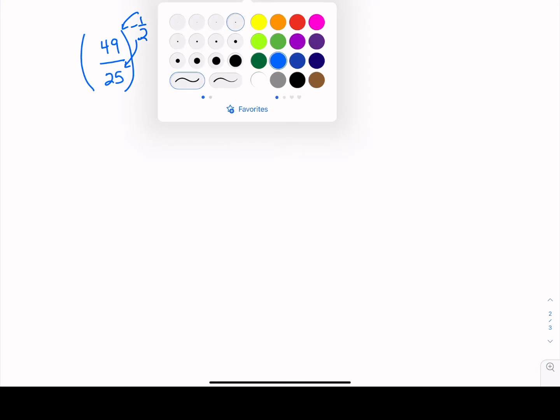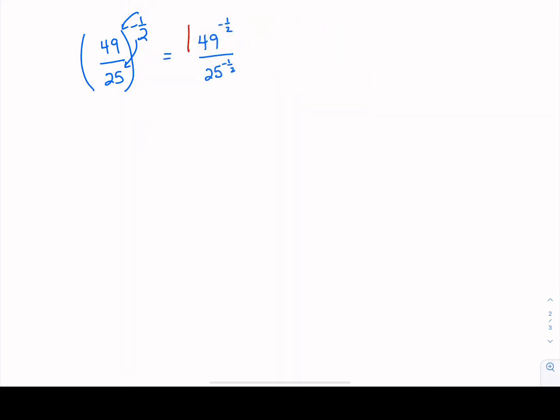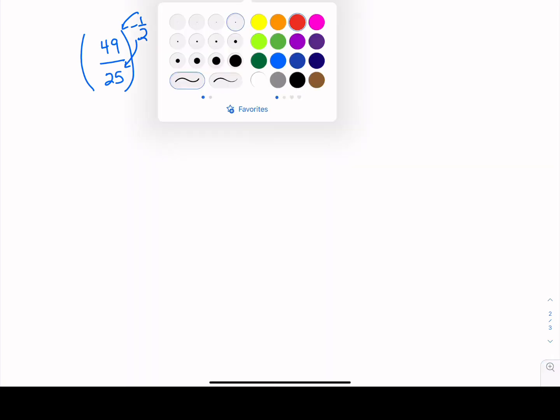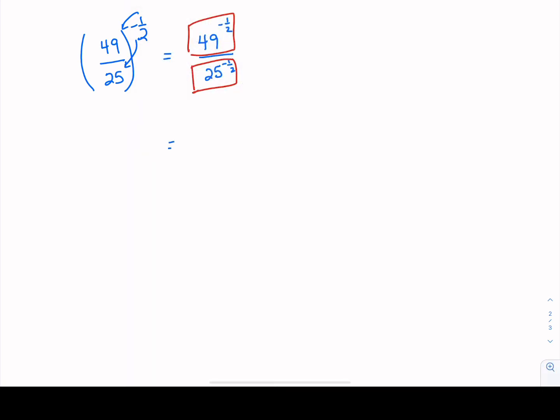From here, we see that both of those terms are in bad position. So we need to move that base of 49 and the base of 25. So when we do that, we get 25 to the power of positive 1/2 in the numerator and 49 to the power of positive 1/2 now in the denominator, because these two terms have essentially switched positions.